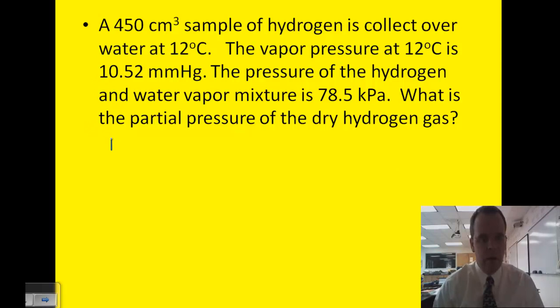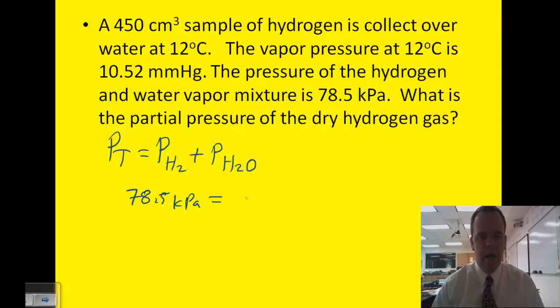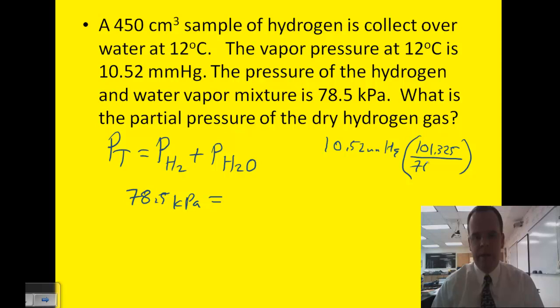So once again, total pressure in this case will be the pressure of the hydrogen plus the pressure of the water. So we've got the total pressure, 78.5 kilopascals. For the pressure of water, we need to convert to kilopascals, so 10.52 millimeters of mercury. There's 101.325 kilopascals for every 760 millimeters of mercury.